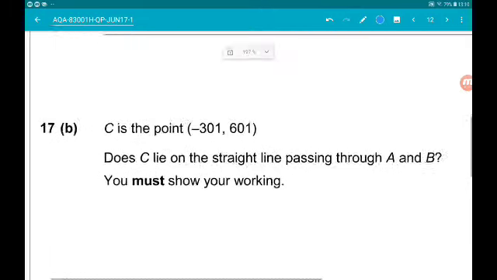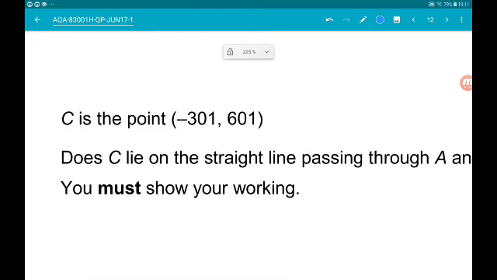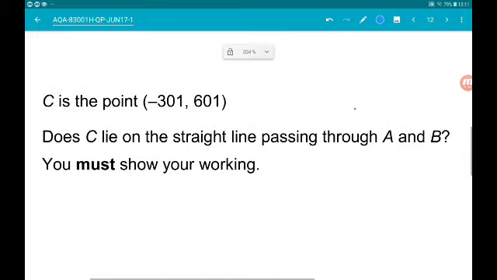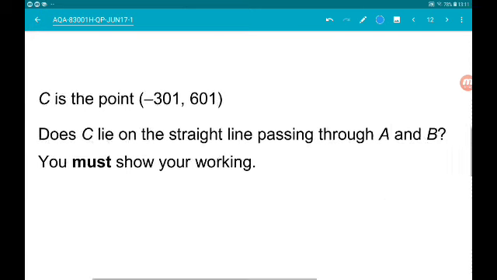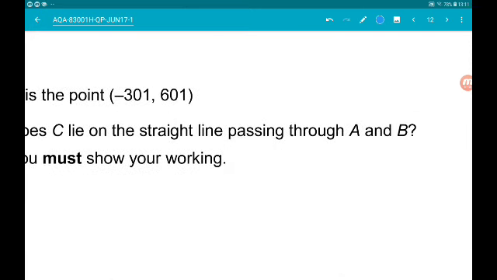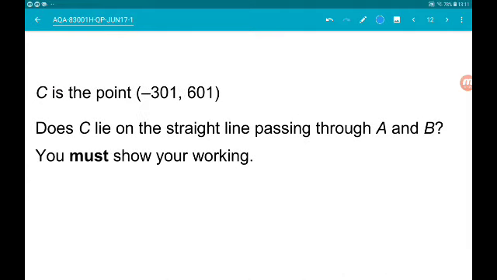Part B says C is the point (-301, 601). Does C lie on the straight line passing through points A and B? We must show our working.